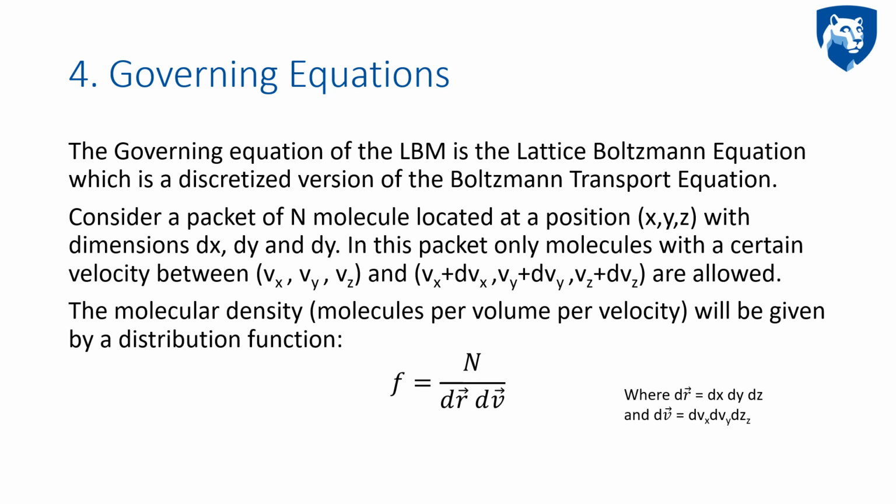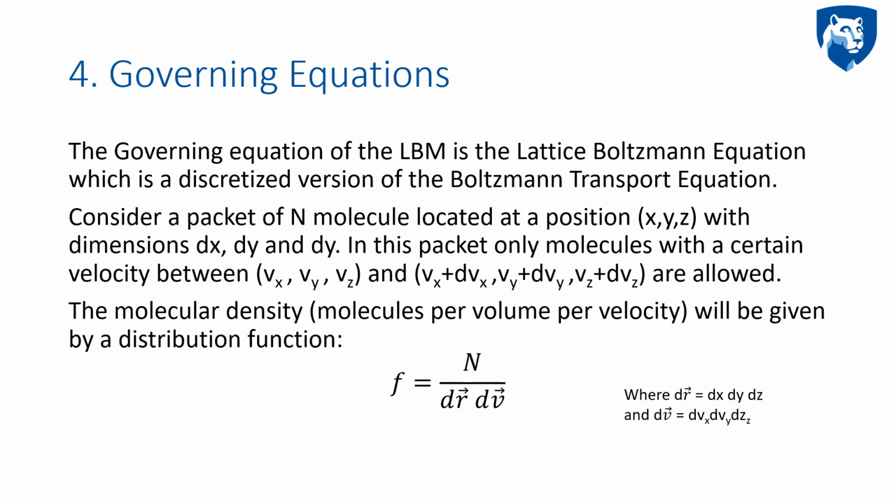So let's consider a packet of molecules with n molecules in it. And this packet is located at a position in space x, y, and z. And this packet has dimensions of dx, dy, and dz.